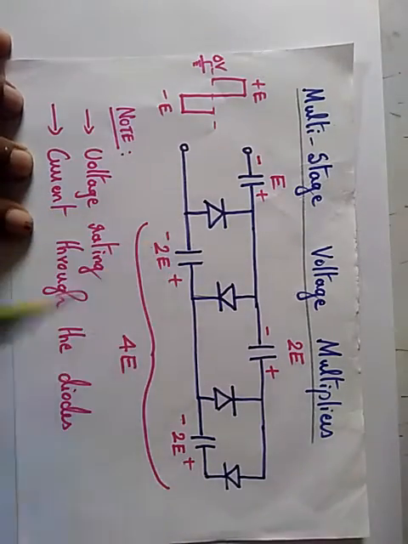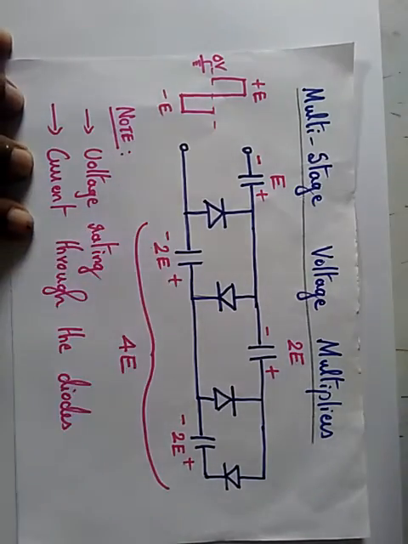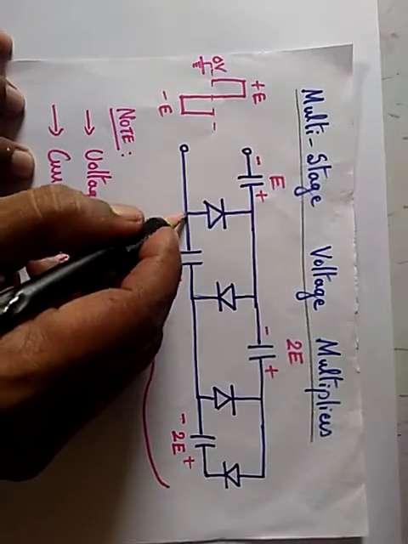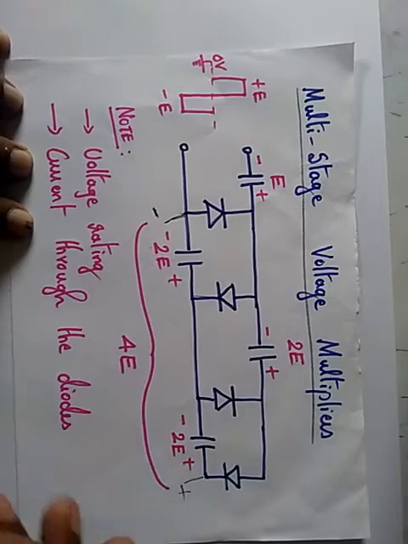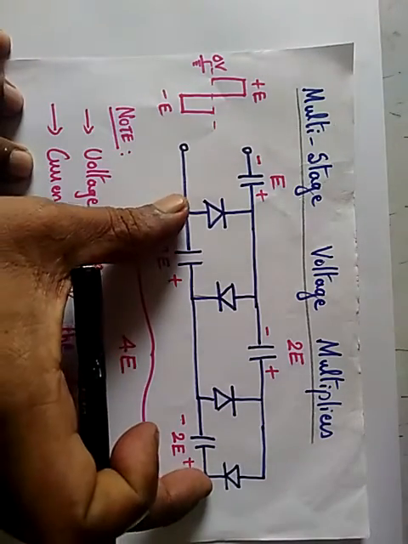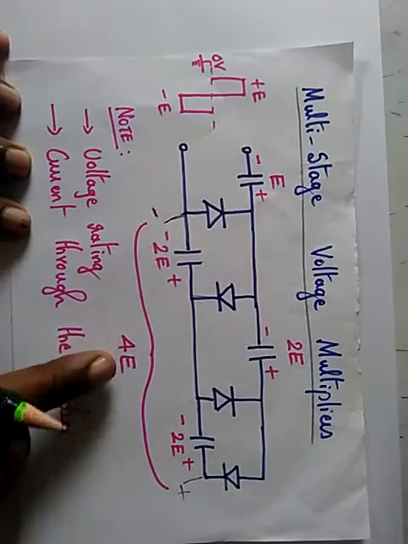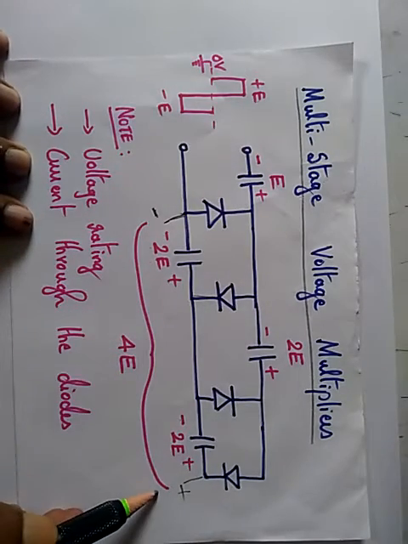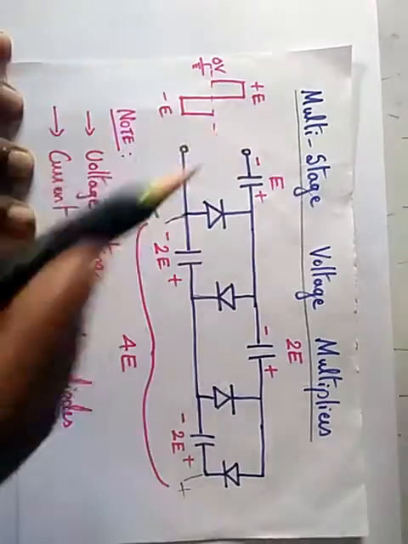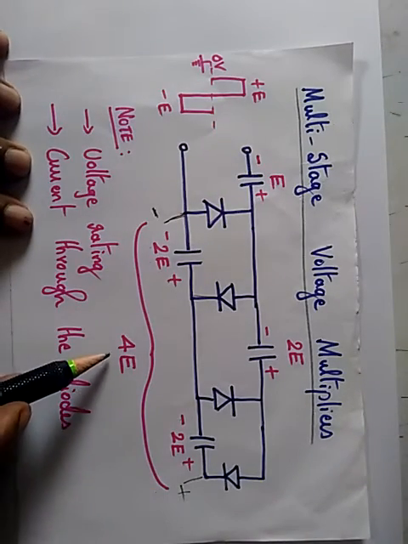Now if you take the voltage across this point, negative, and this point, positive, and keep a voltmeter between these two points, you can see 4E. That means if this is 10 volts, then you will see 40 volts. This 10 volts has been magnified to 40 volts.